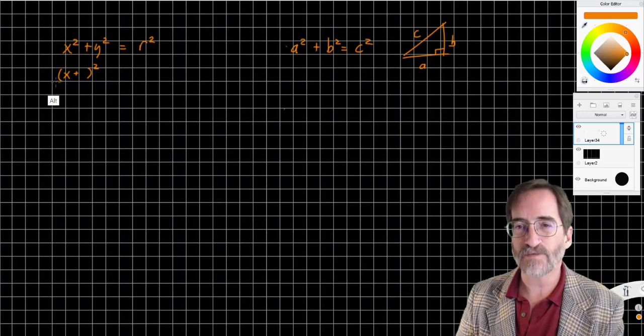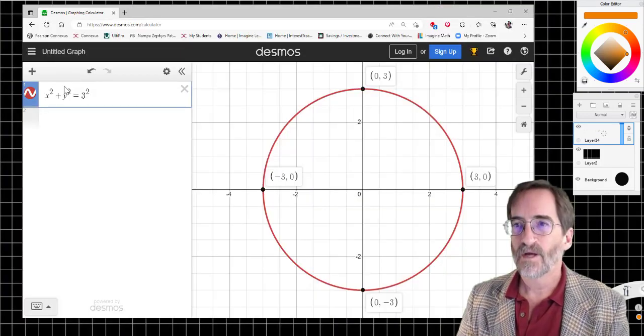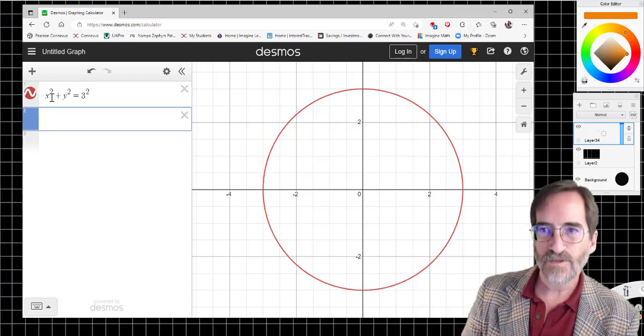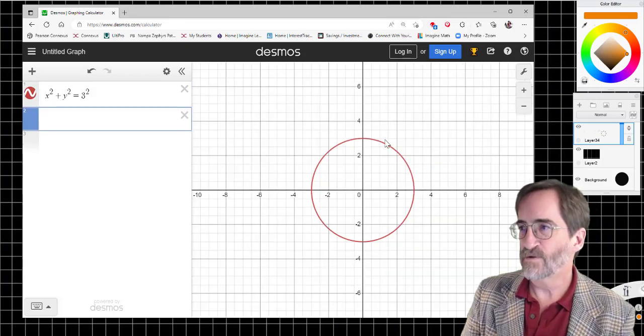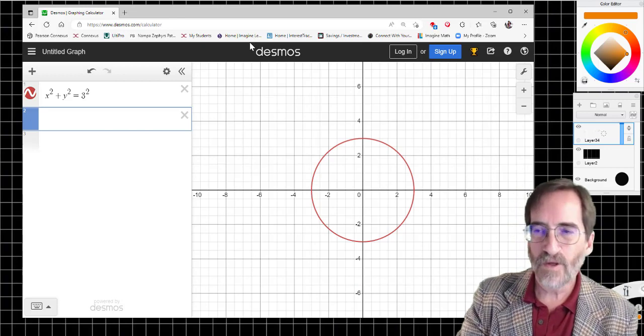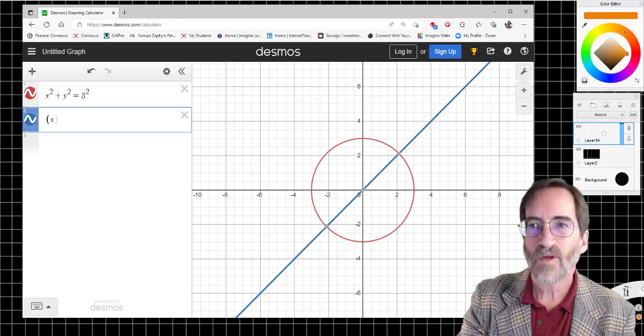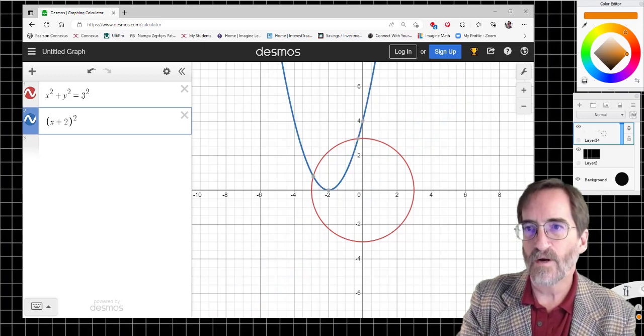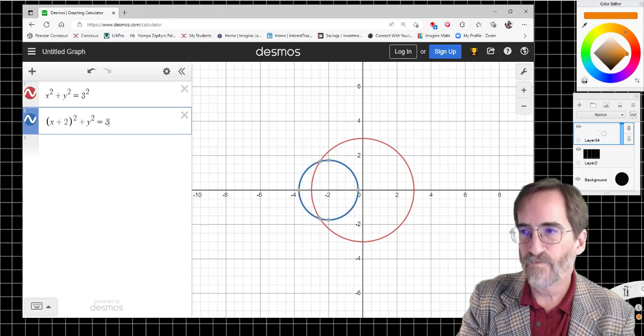Let me do a little experimentation here. Let's replace x, and I'm going to leave the original circle here and zoom standard. Let's replace x with x plus 2, squared, plus y squared equals 3 squared.